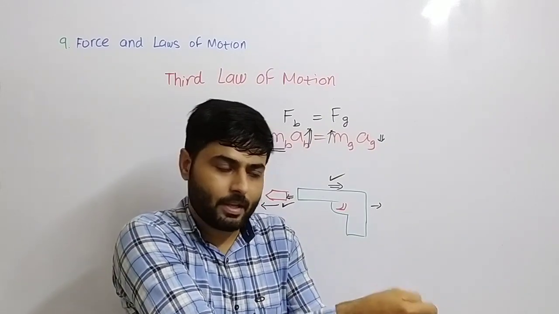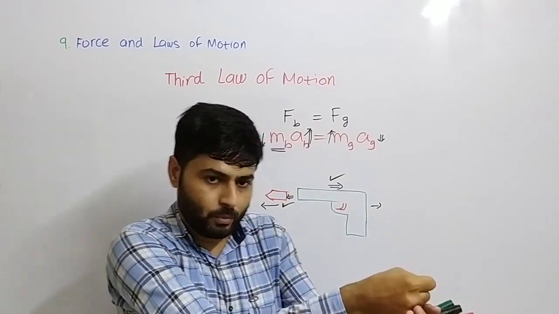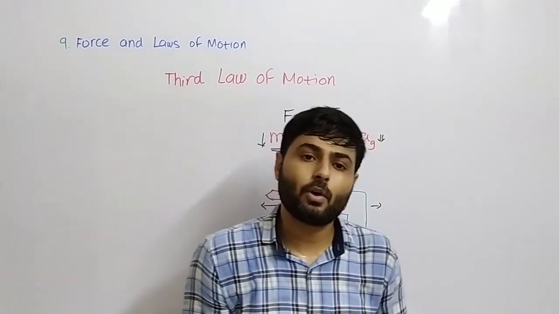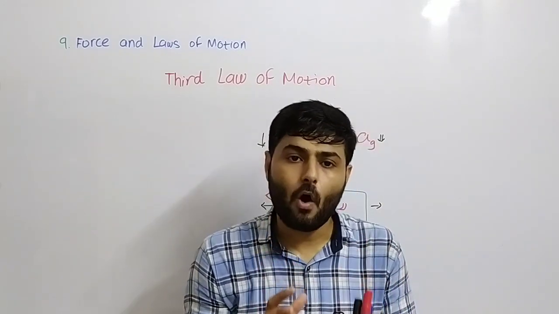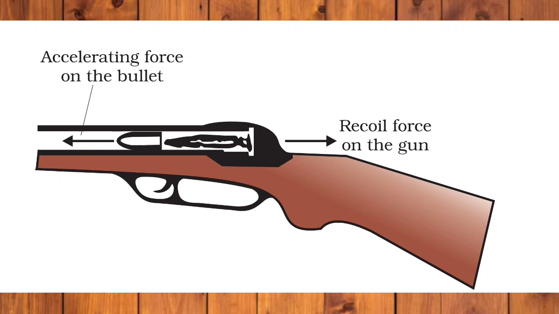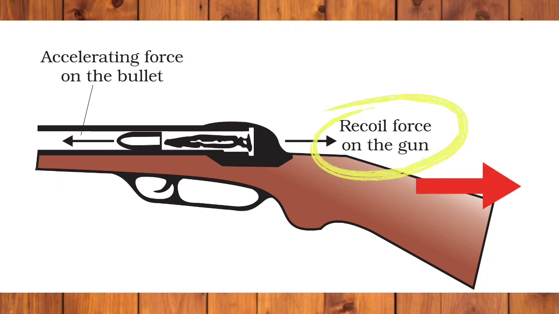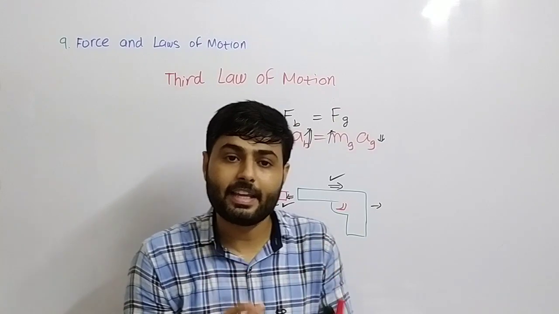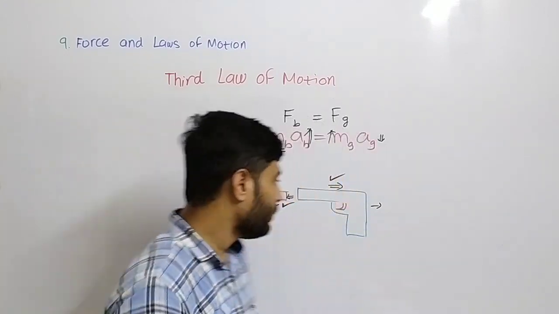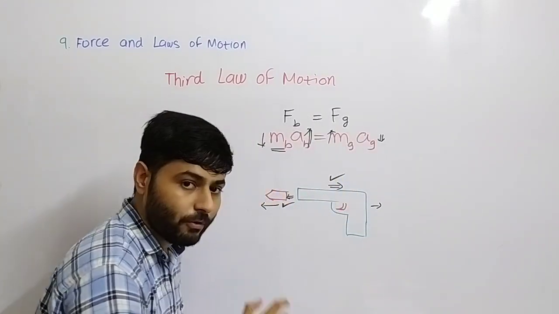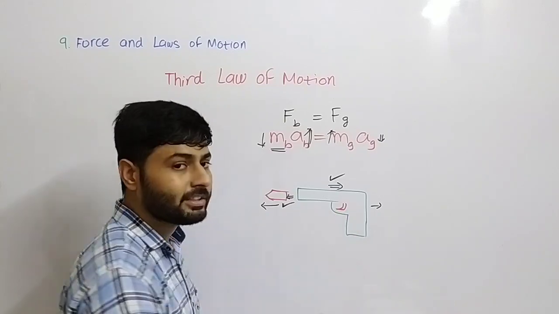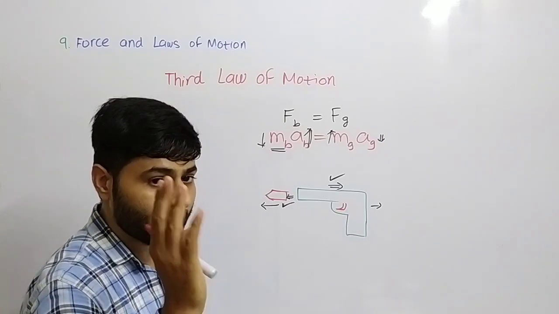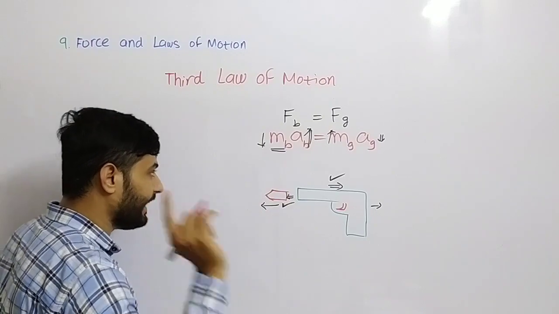At that time, the holder of the gun moves backward. That we call the recoil of the gun.